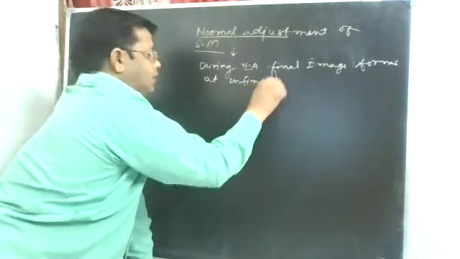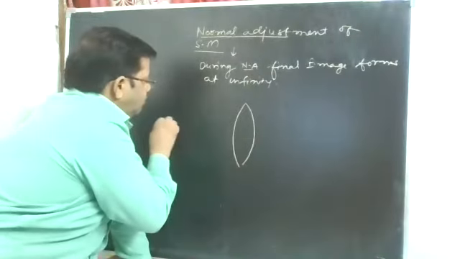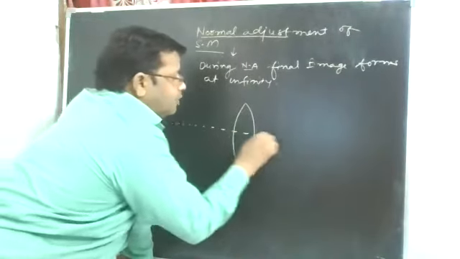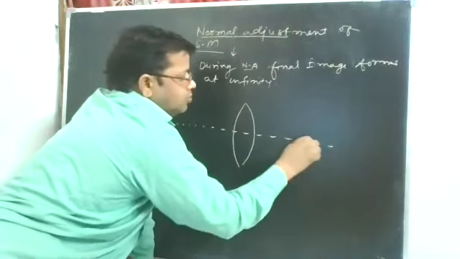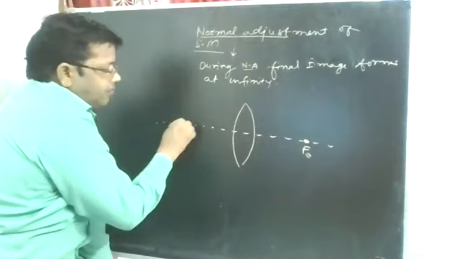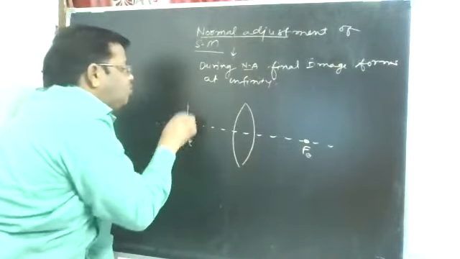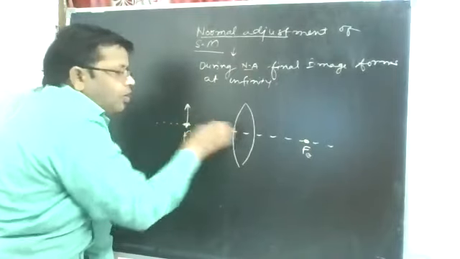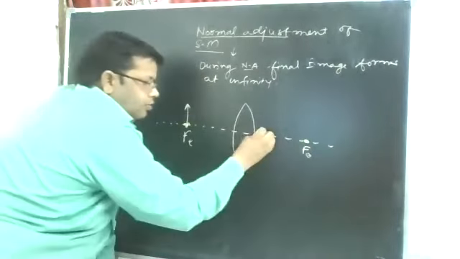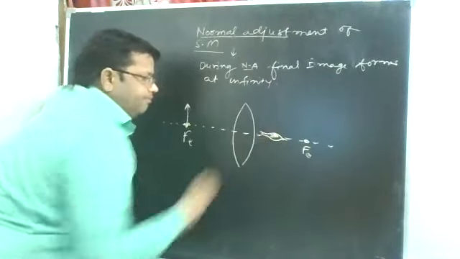Now all of you see, this is the convex lens. You know the ray diagram. This is the principal axis. This is the focus point of the eyepiece. Now when we place the object here on the focus point of this eyepiece, and you keep your eyes here, you are watching this object.